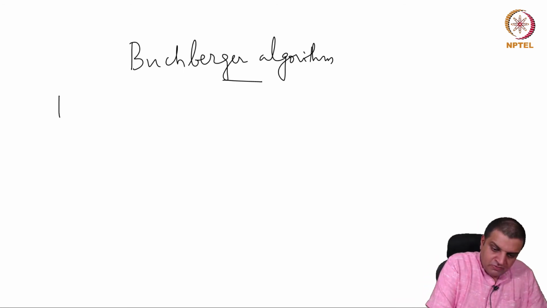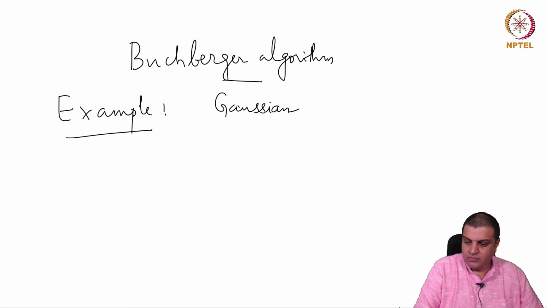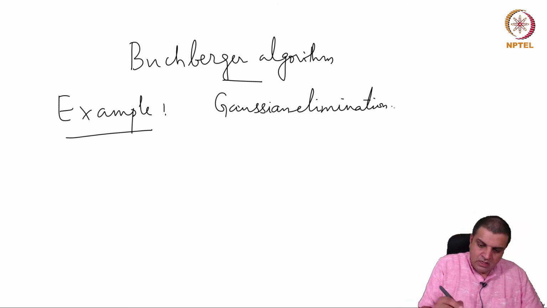Okay, so the first example is Gaussian elimination of solving linear equations. So let's say we have two polynomials, x plus y plus z equals 1.